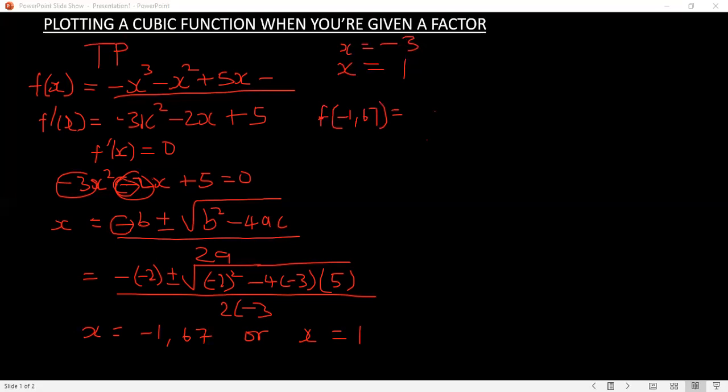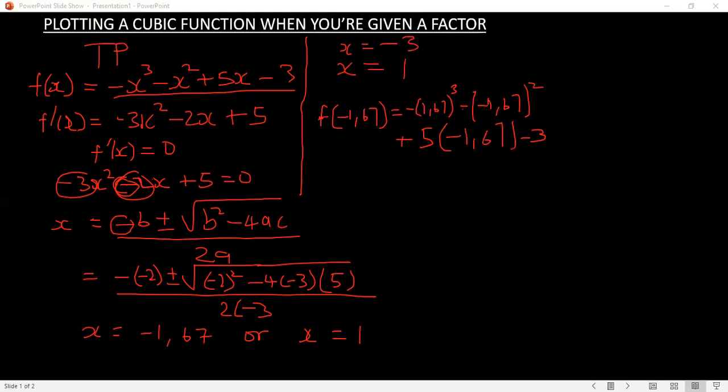When we're substituting here, we're going to have negative 1.67 minus negative 1.67 squared, then plus 5 times negative 1.67, then minus 3. I think that was minus 3 here.